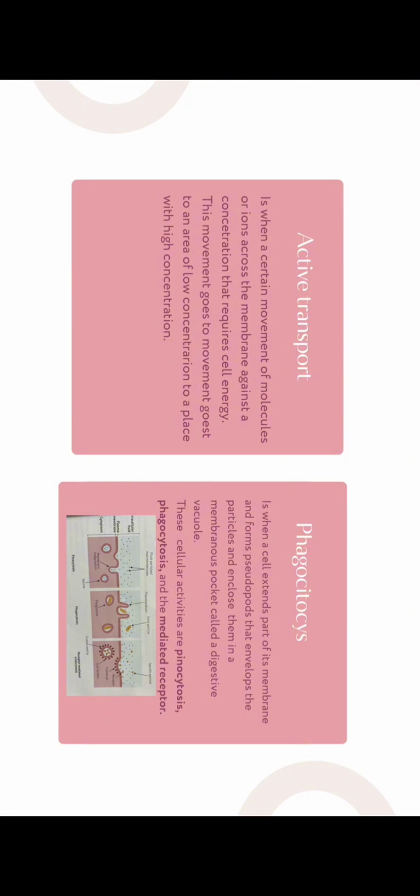Then these cellular processes are pinocytosis, which is the first image that you can see. Then phagocytosis, which is the second one, and then receptor-mediated, which is the third one. All of these have the extracellular fluid, which is the first part.